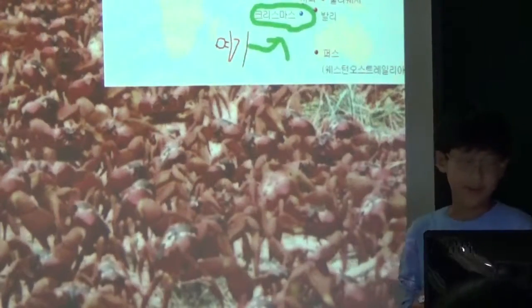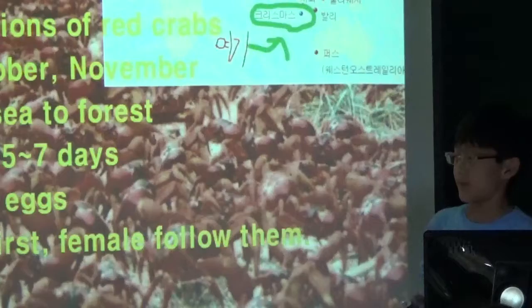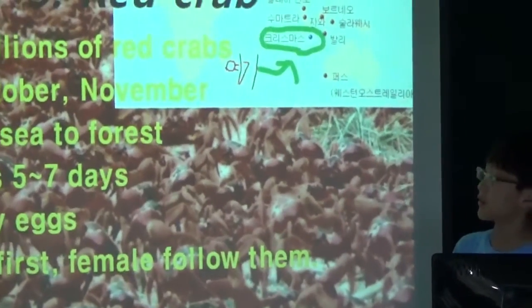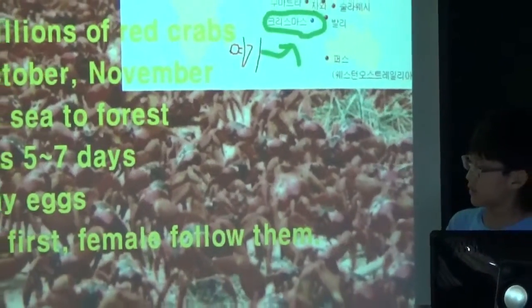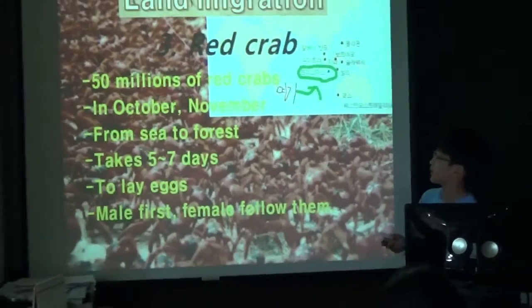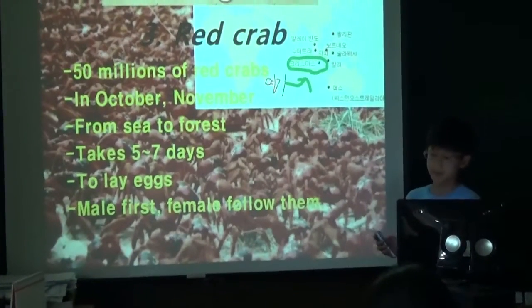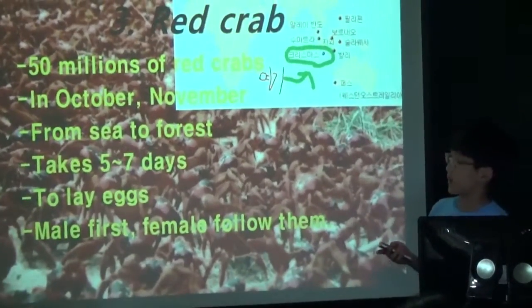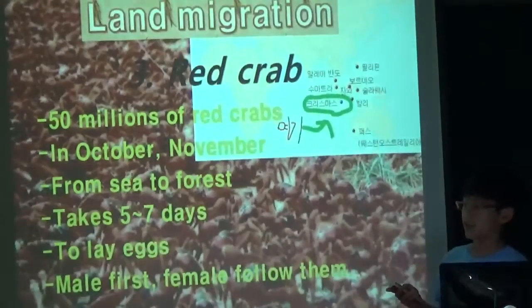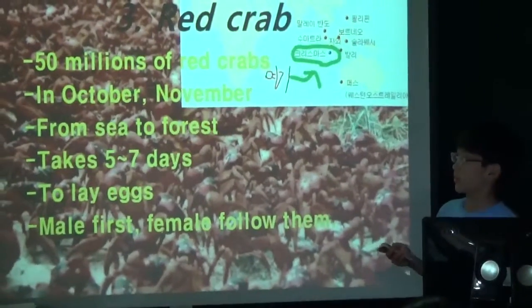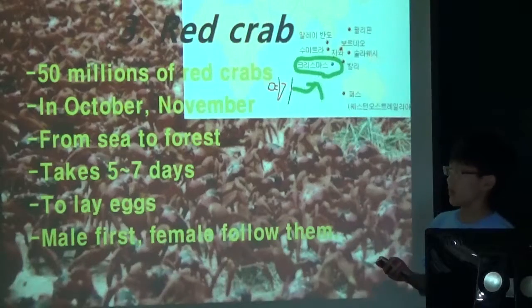And on Christmas Island, in the Indian Ocean, the red crabs migrate to lay eggs in October or November. They leave the sea and go to the forest.